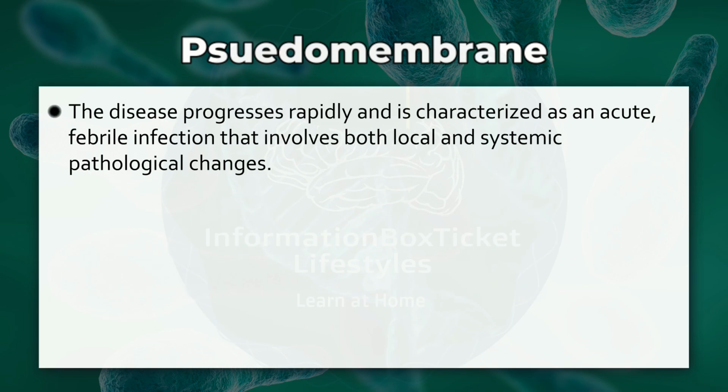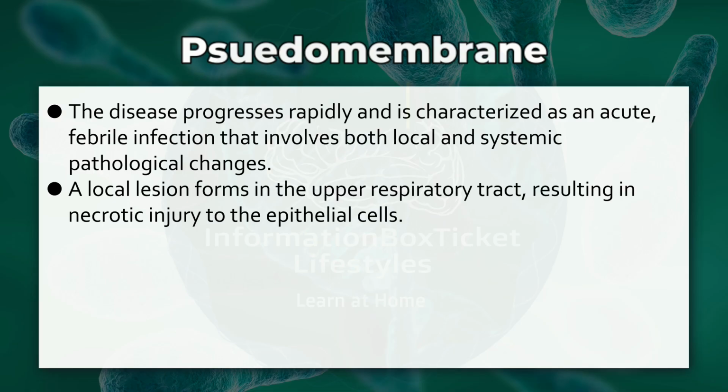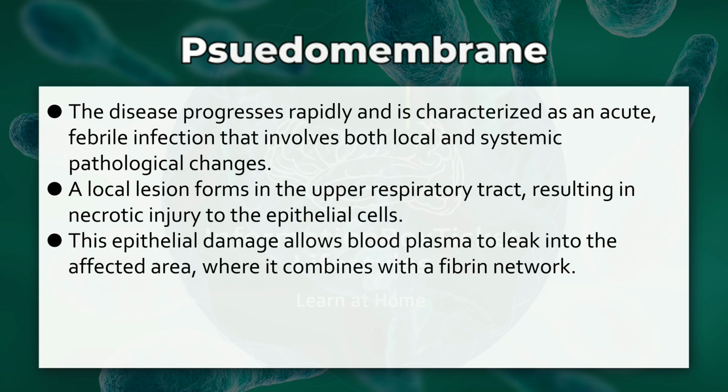skin. The disease progresses rapidly and is characterized as an acute, febrile infection that involves both local and systemic pathological changes. A local lesion forms in the upper respiratory tract, resulting in necrotic injury to the epithelial cells. This epithelial damage allows blood plasma to leak into the affected area, where it combines with a fibrin network.